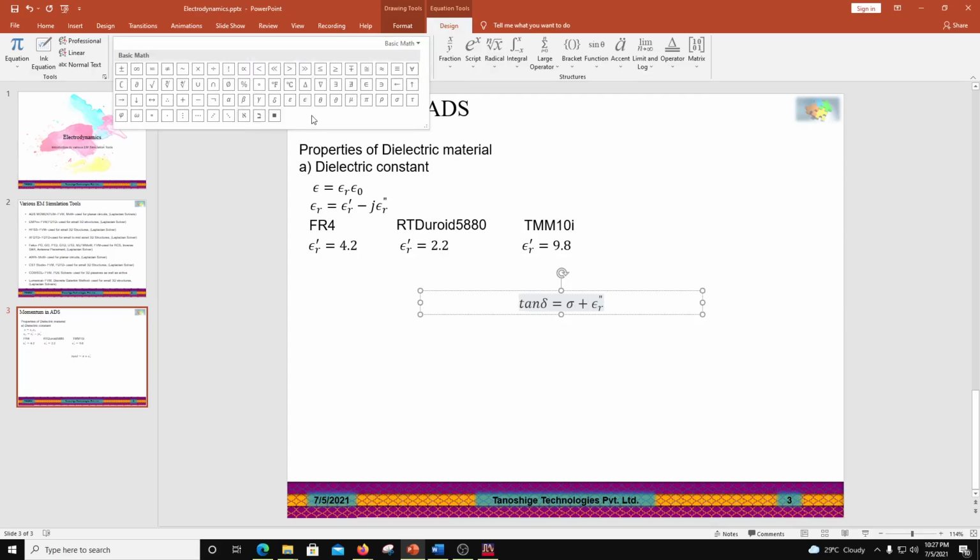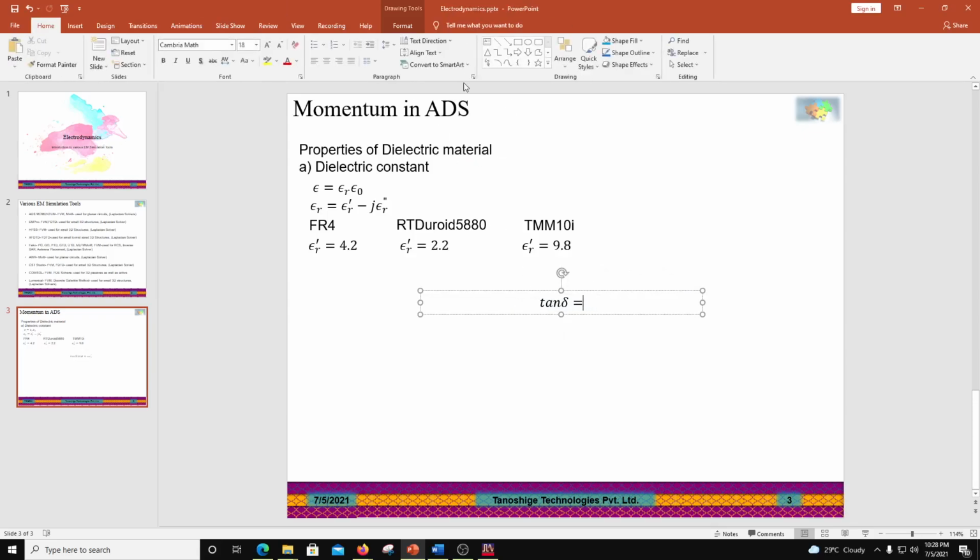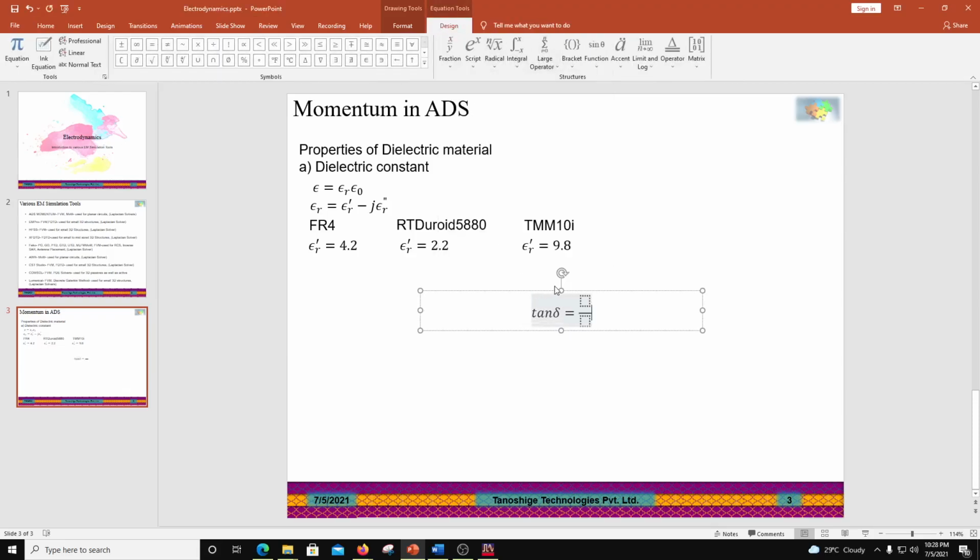So loss tangent is specified like this. This is the second thing, which is loss tangent.